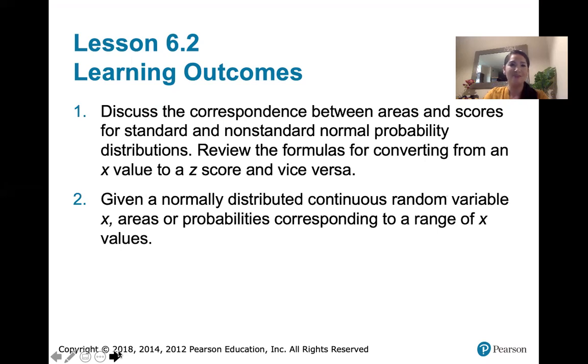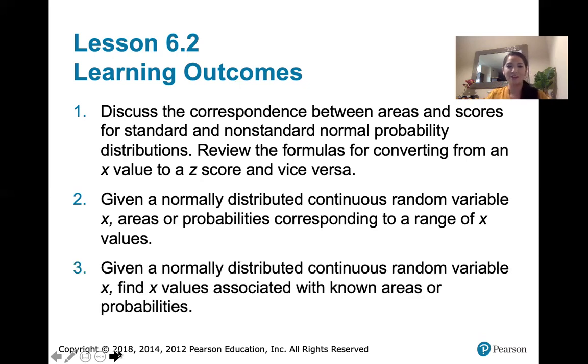And then once we have discussed that correspondence between standard and non-standard normal probability distributions, we're going to find areas corresponding to a given range of X values, where X is a normally distributed continuous random variable. So given a range of values, we're going to find areas or probabilities.